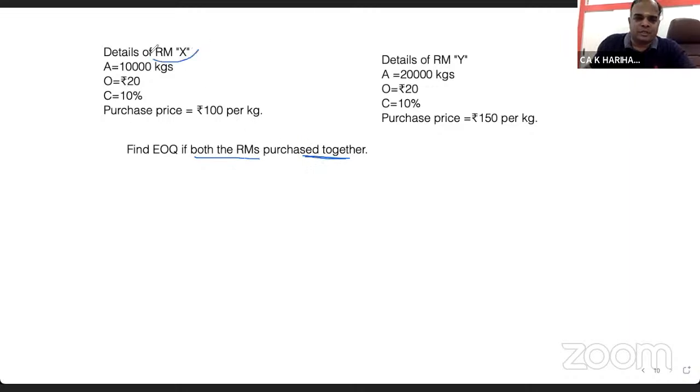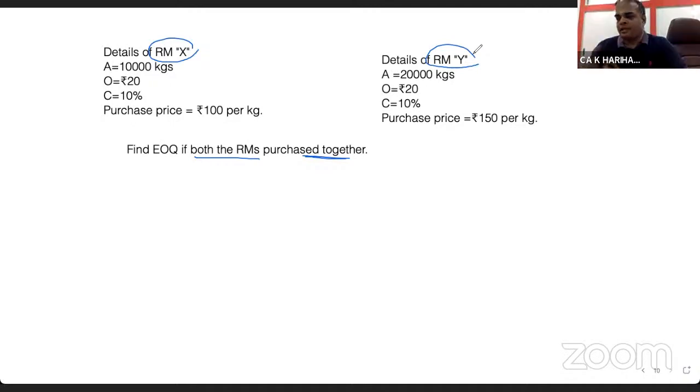The info with respect to raw material X is there, and raw material Y is there. All along we have come across EOQ with respect to one particular raw material alone. Clear? Only one particular raw material. Now, here there is more than one raw material, purchased together. Then how do we solve the problem?